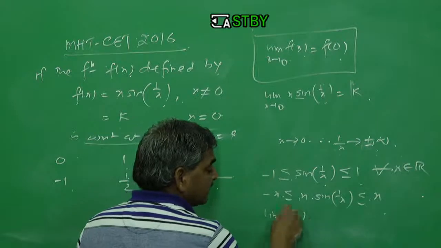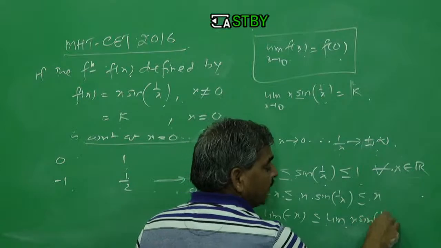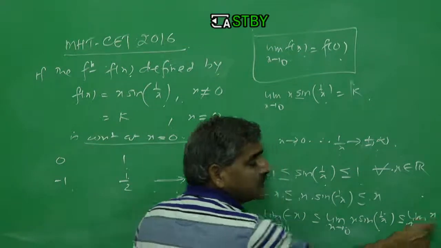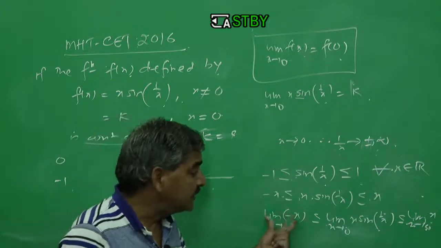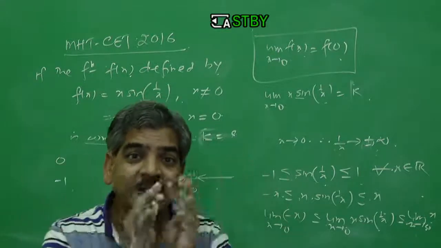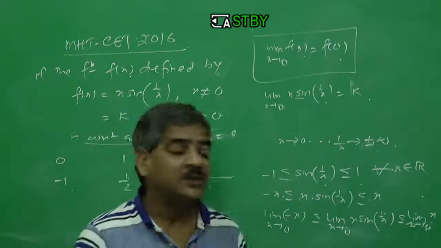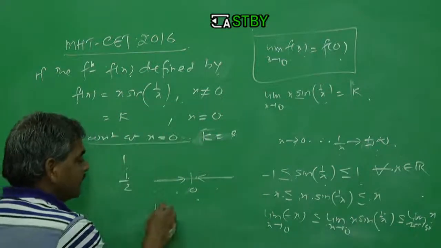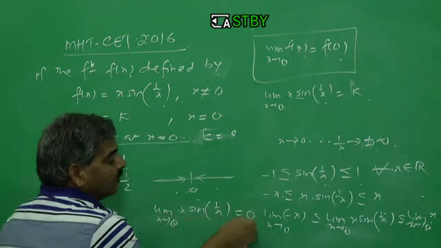The limit of minus x as x tends to 0 is 0, and the limit of x as x tends to 0 is 0. Using the sandwich theorem, since this quantity is sandwiched between these two, the limit of x into sine of 1 by x as x tends to 0 is equal to 0.